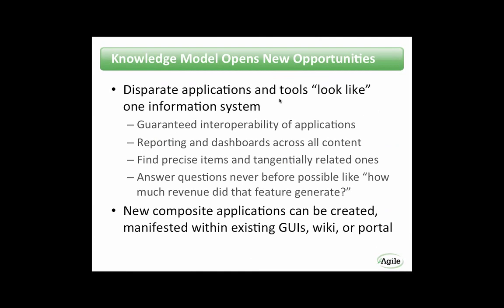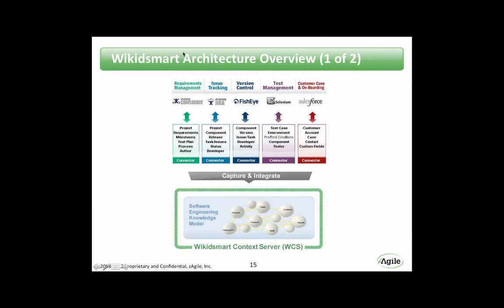And what happens is Wikidsmart imports certain attributes, the conceptually related concepts that you see listed there, for example, under requirements, project, milestone, test plan. Those things are all imported into the Wikidsmart repository, and they are mapped to this knowledge model that I just described. And now, voila, you have everything already instantly integrated.